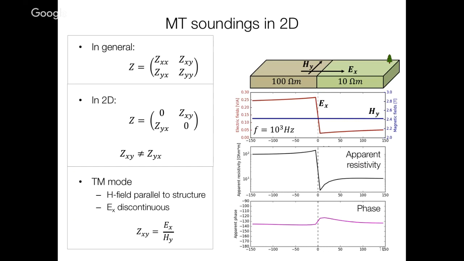If the current density is constant, that means the electric field needs to change. So there's charge buildup on that boundary, and we have an electric field that looks like this, and the apparent resistivity looks like that. Asymptotically, it's fine. It's got this kind of crazy overshoot in there, but that's what you get out.